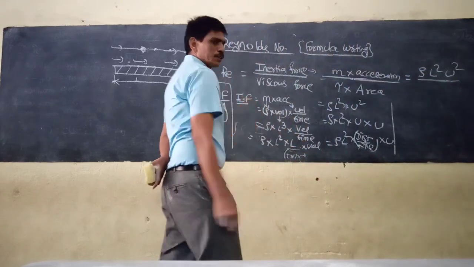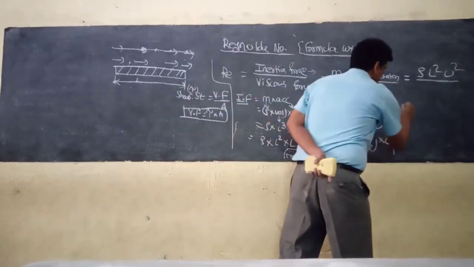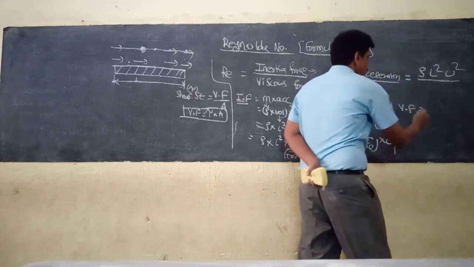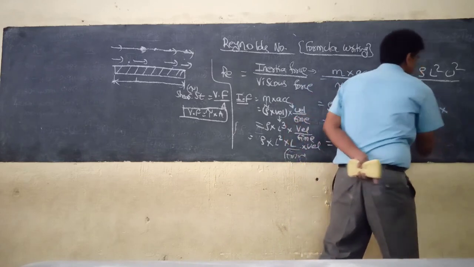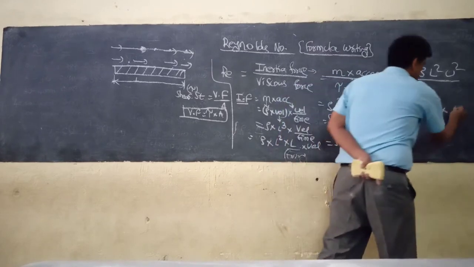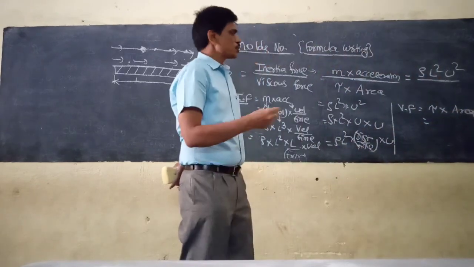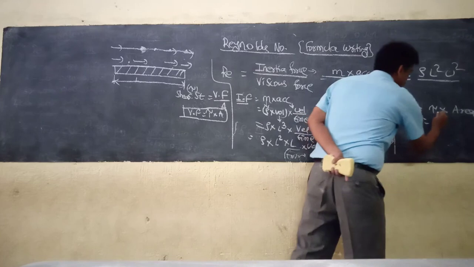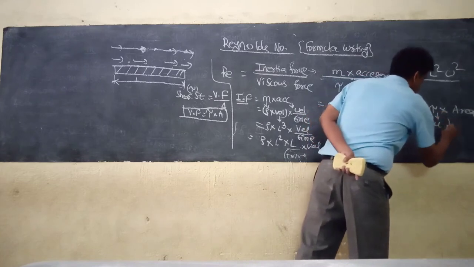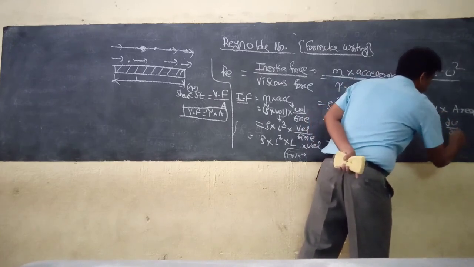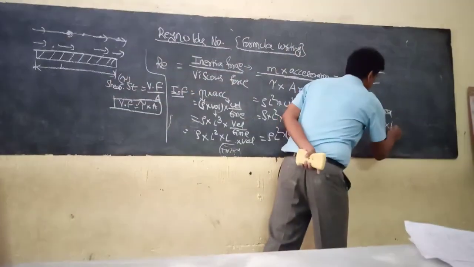In the denominator, we have the viscous force. The formula, the definition of the viscous force, is shear stress into area. What is the shear stress? According to Newton's law of viscosity, shear stress is mu into dou u by dou y.